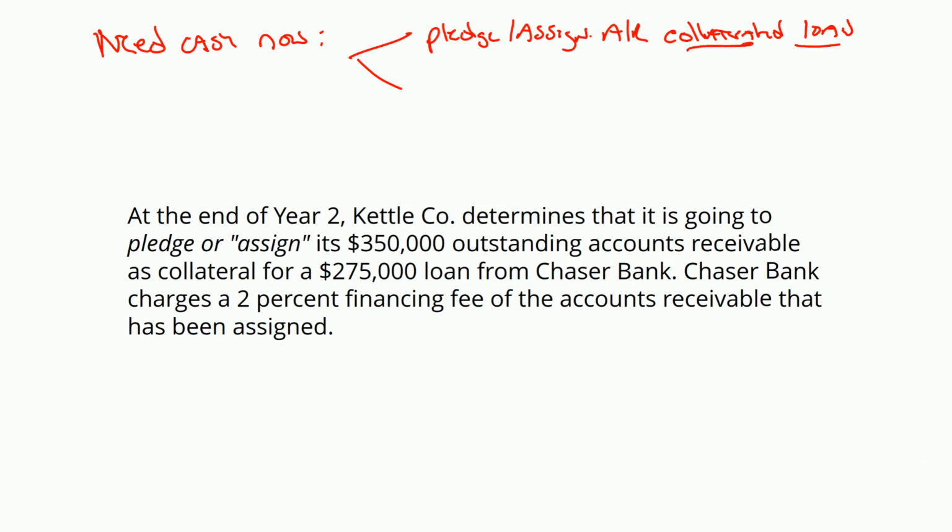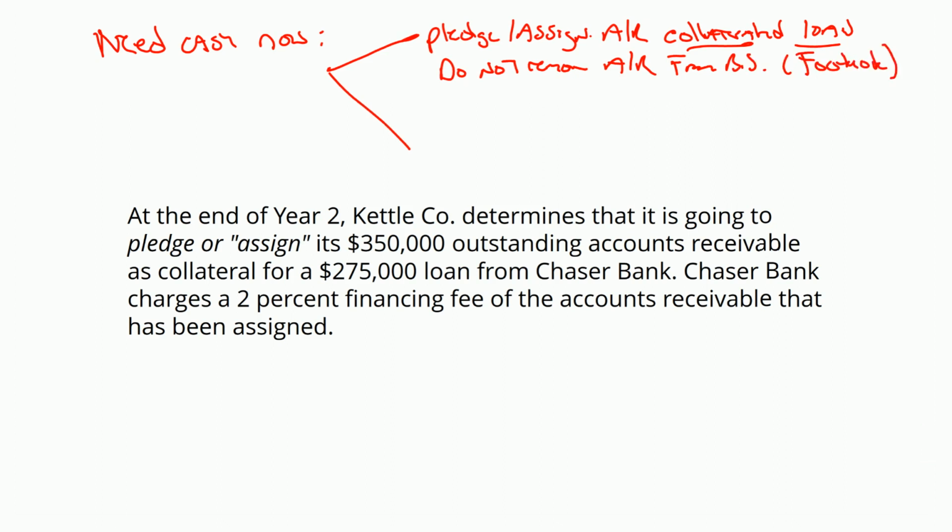If it's a collateralized loan, do not remove your accounts receivable from the balance sheet. We have a footnote noting that some of these accounts receivable have been pledged as collateral for the loan. You do want to record, though, the cash net proceeds from the loan and the note payable.